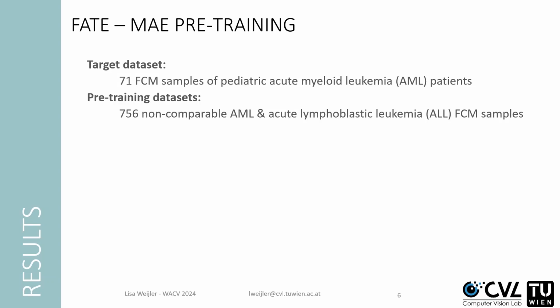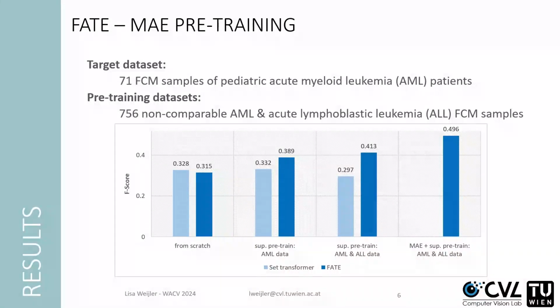We compare it to the state-of-the-art method in this task, the set transformer. Since this architecture requires a static amount and ordering of features, we use the union over all appearing features and impute missing ones with 0. While training from scratch yields similar results, when leveraging the additional data for supervised pre-training, we can see that the gap between the baseline and our proposed architecture is increasing.